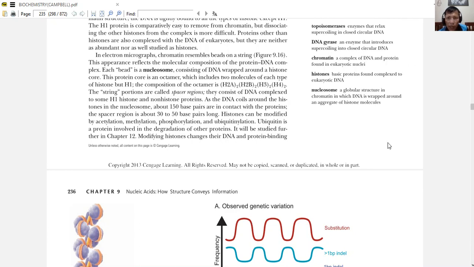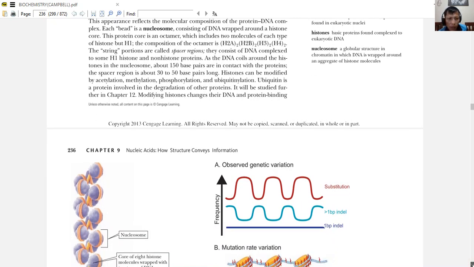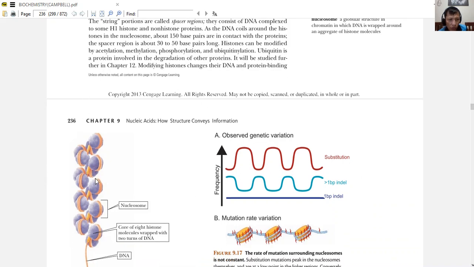I think DNA is being discussed here. What is the normal versus supercoiled, since it was talking about supercoiling a while ago. And then this one is the histone. You have your nucleosome, and this histone is a core of eight histone molecules wrapped with two turns of DNA.